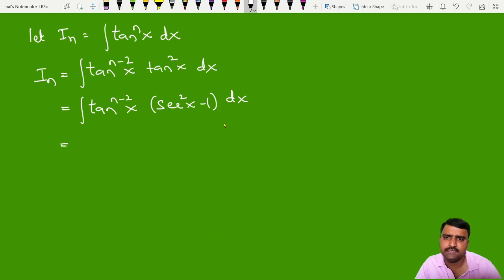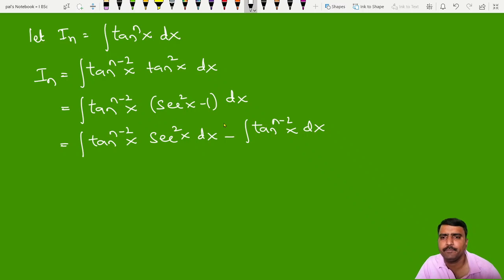So that is equal to integration of tan to the power n minus 2 x into secant square x dx minus integration of tan to the power n minus 2 x dx. So I_n is equal to integration of tan to the power n minus 2 x into secant square x dx minus I_{n-2}.